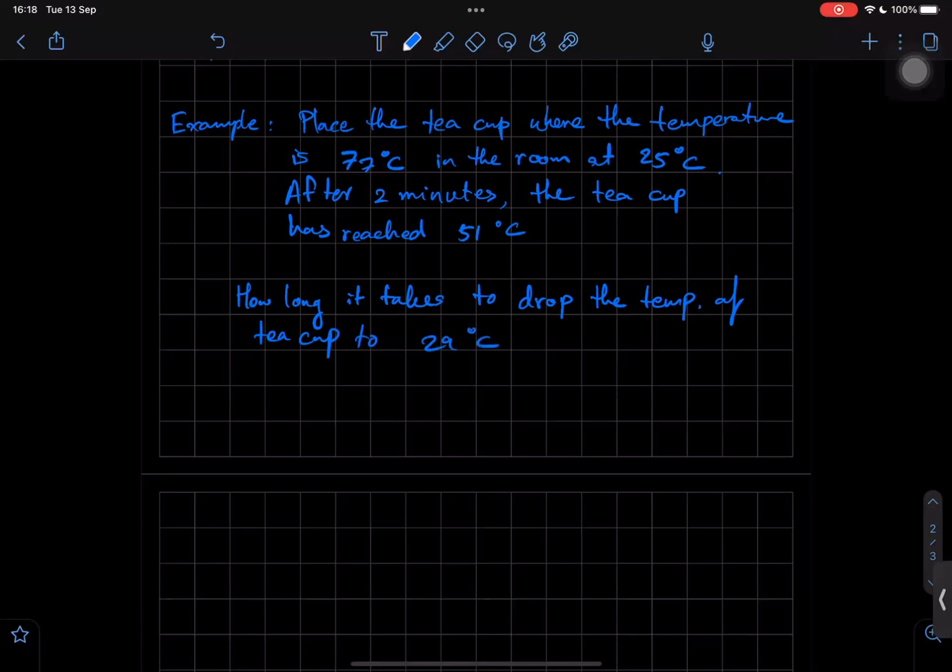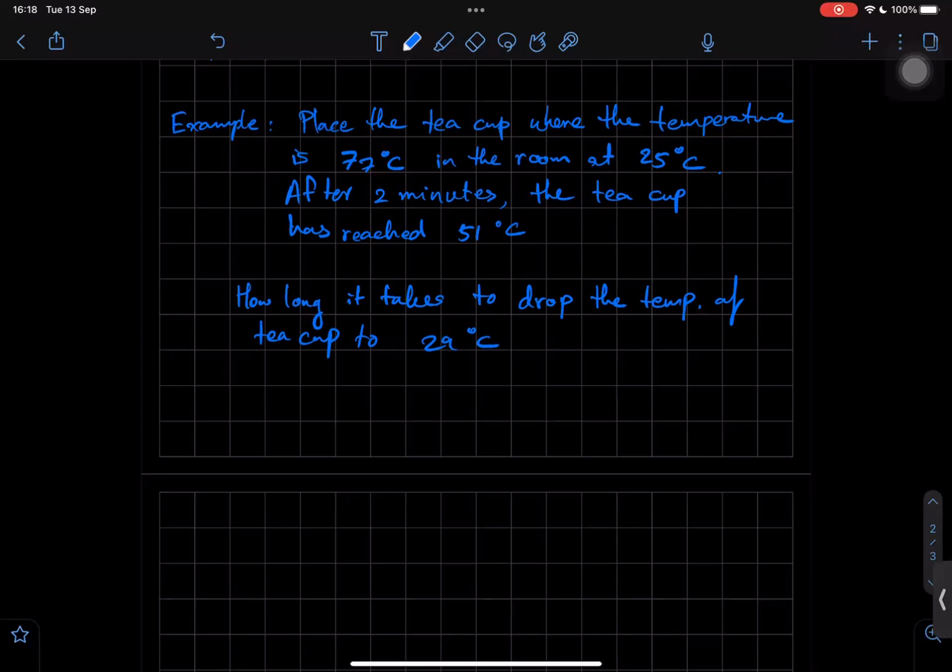Okay, so the question asks how long you have to place the teacup until the teacup has the temperature 29 degrees Celsius.